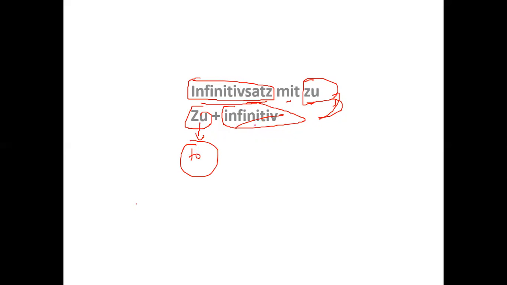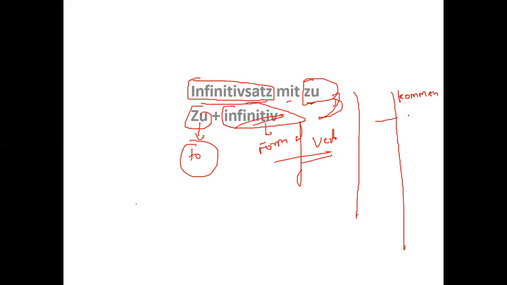And infinitive is a form of verb, right? So if I take the verb kommen here, and I conjugate this verb: ich komme, du kommst, er, z or s, we write it kommt, right?